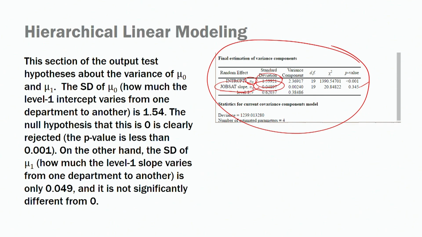So what we find here is that the slopes across departments are pretty much the same. Although we do have a significant slope, different from 0, across all the departments they tend to be pretty much the same. There is not much variance in the slope.